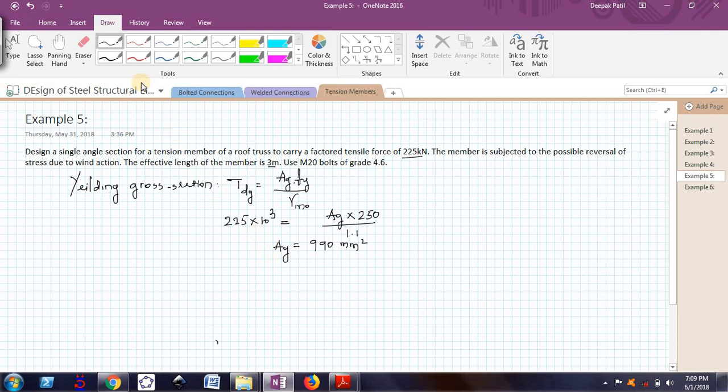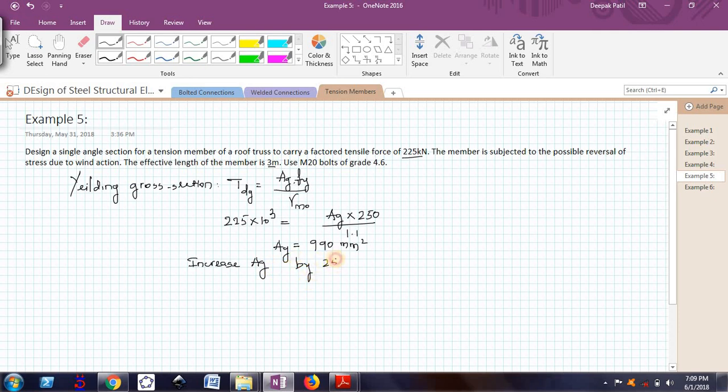Now what I will do here is increase this Ag by something around 25%. I will tell you why I should increase that.